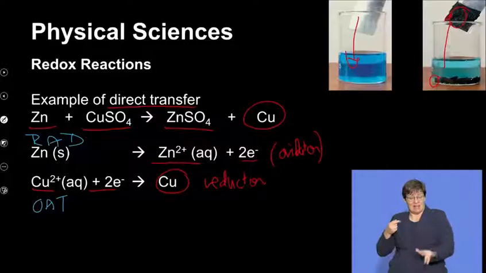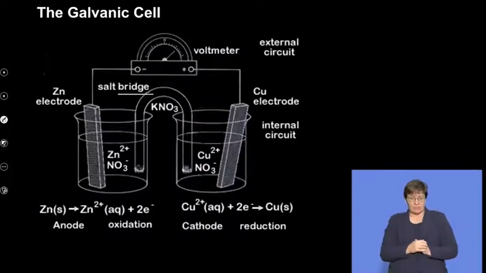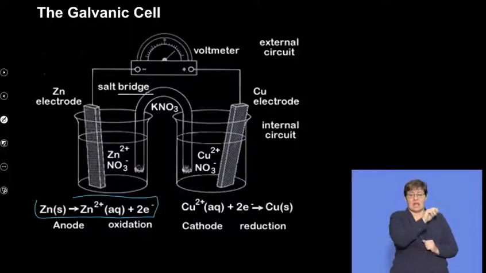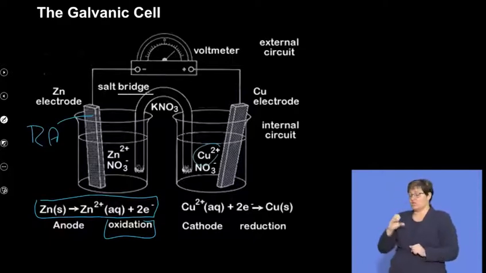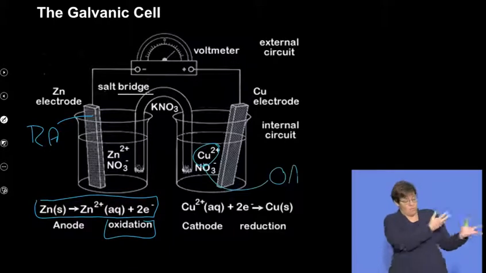So we recognize the same sort of thing is happening here. It's the same sort of reaction where zinc at the anode is undergoing oxidation. So the zinc electrode here is the reducing agent, where in the other half cell, the copper ions are the oxidizing agent.